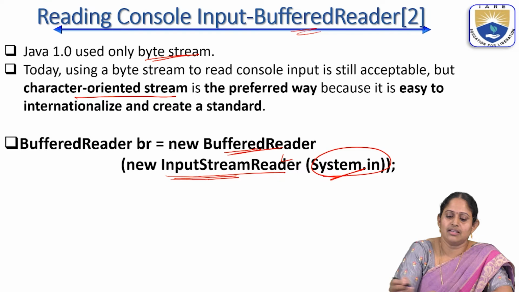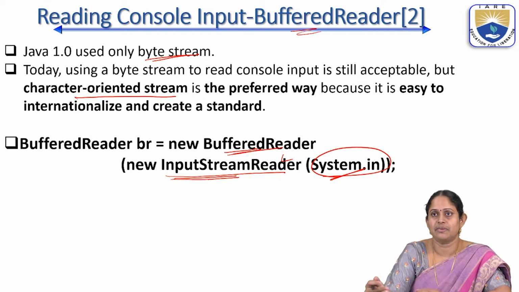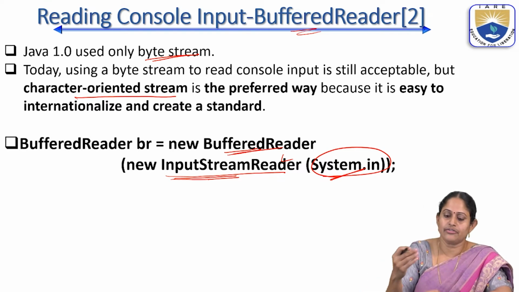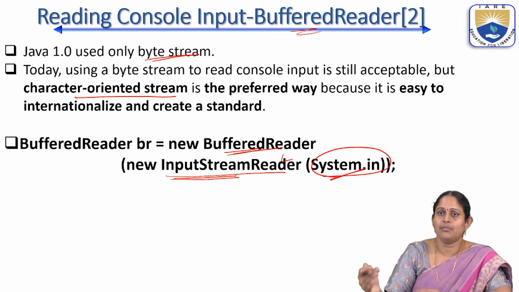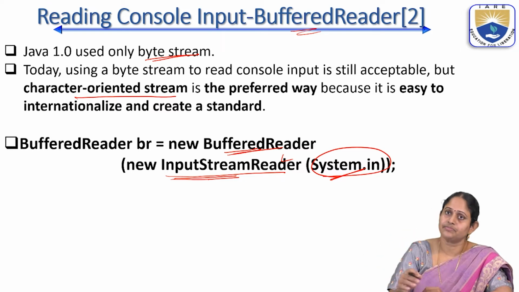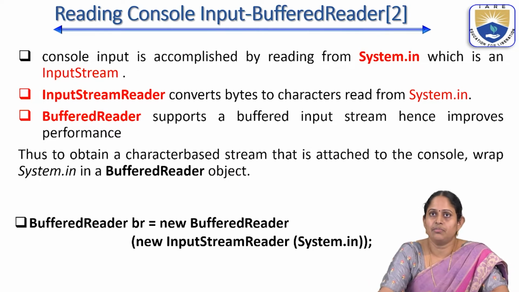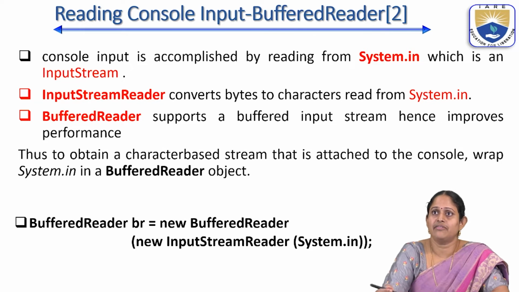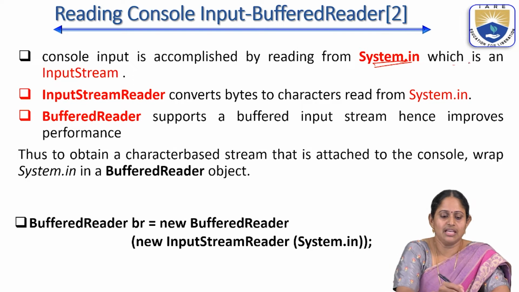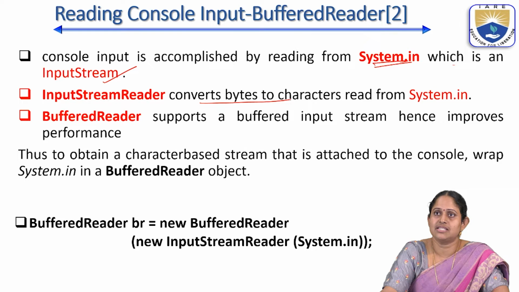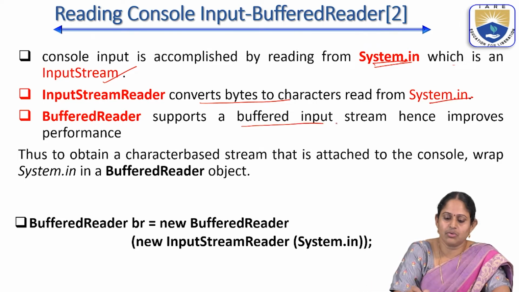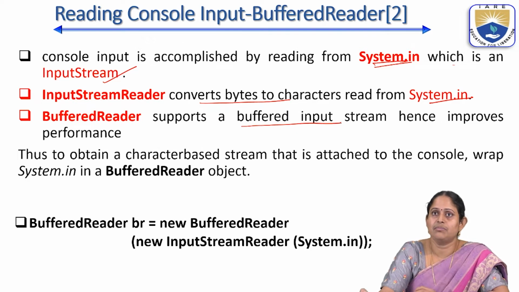Now this BufferedReader is used to buffer all the data which is being read from the keyboard. So instead of converting byte by byte, we can take the full complete data and then store it. The console input is accomplished by reading from System.in, which refers to an input device, an input stream. The InputStreamReader converts the bytes read from System.in into characters, and the BufferedReader supports a buffered input stream, hence improving the performance.